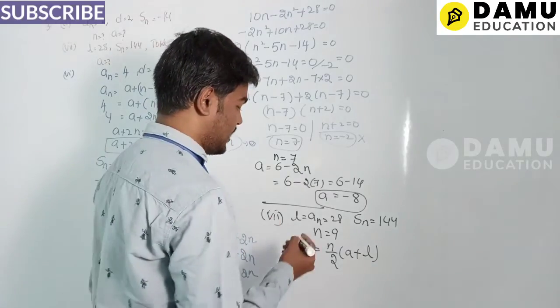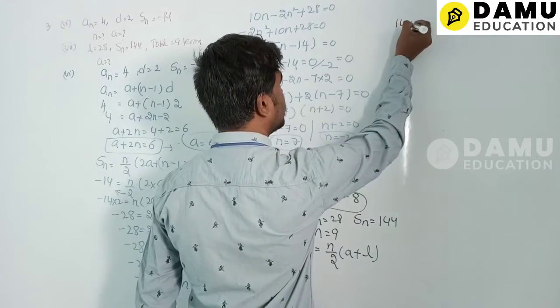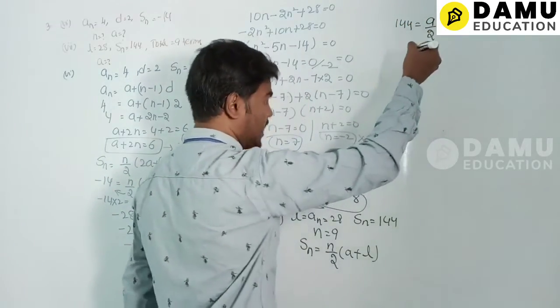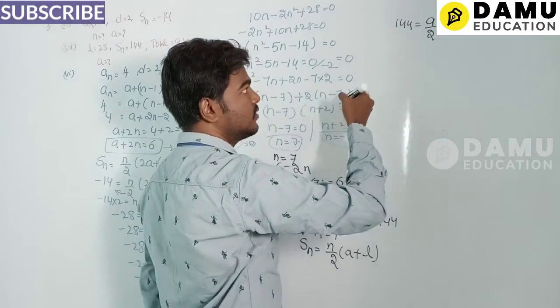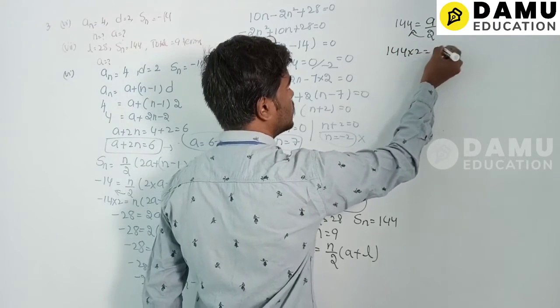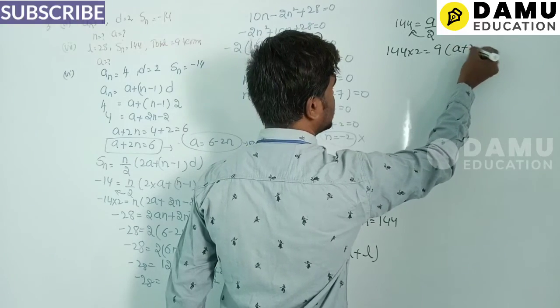So for that we have taken it like that. So let's keep that one. So Sn will be equal to 144, n will be equal to 9, by 2 into a plus l, where l is 28. So this is the way. So shift to the left side, 144 into 2, that is 9 into a plus 28.